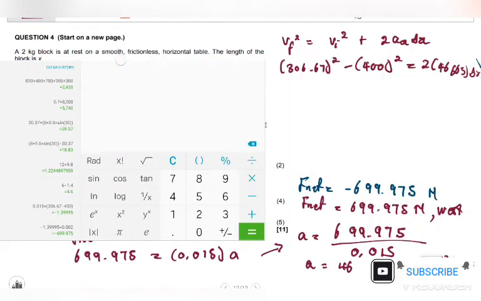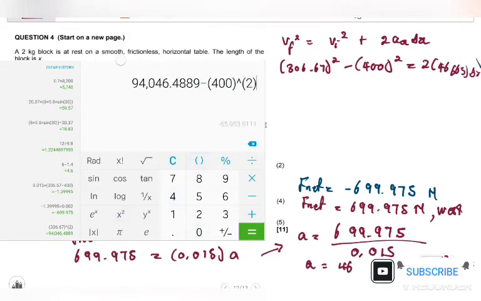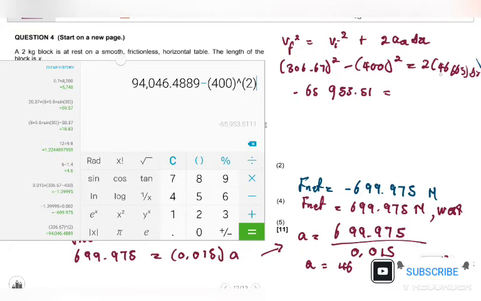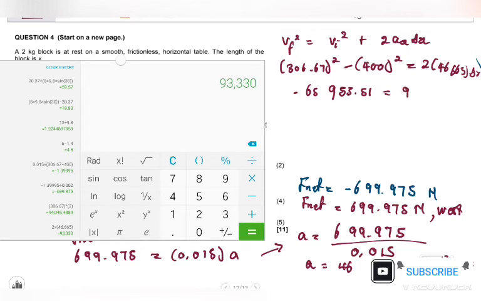We have 306.67 squared minus 400 squared, so here I get minus 65,900, and when you multiply the 46,665 by 2, you get 93,330 times the change in x.